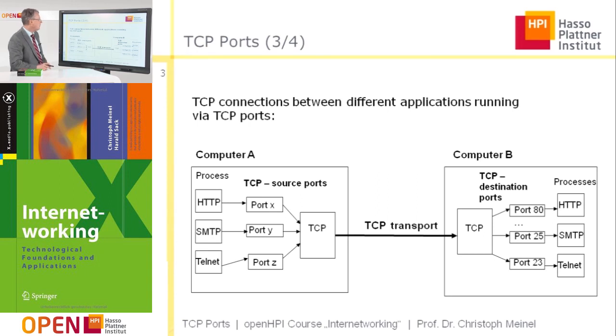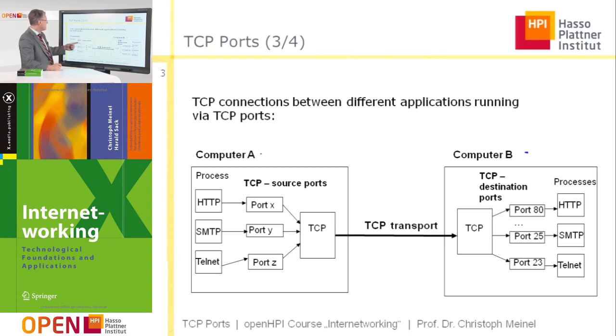So here we have a picture. We have a computer A, a computer B, and we have a TCP connection. And here we have different processes running. For example, an HTTP process that wants to exchange data with an HTTP process on the side of computer B. So what is done?